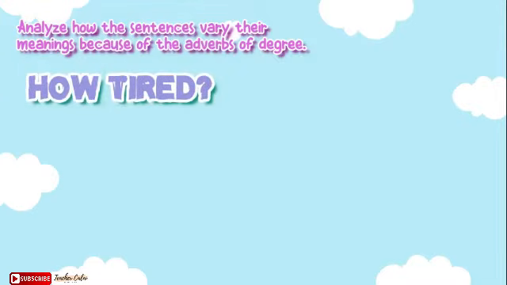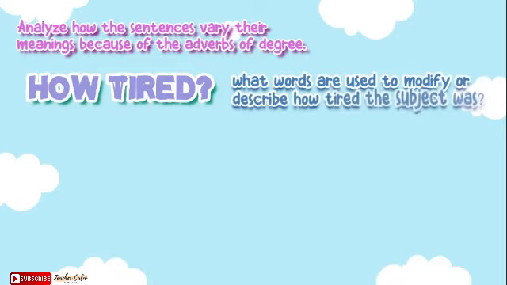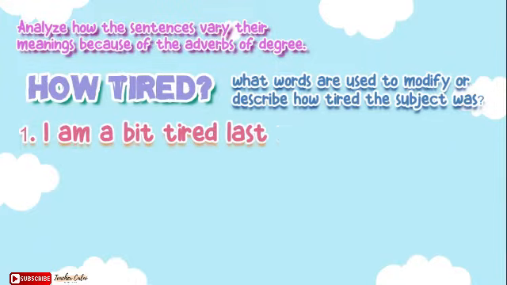Now, let us analyze how the sentences vary their meanings because of the adverbs of degree. The comparison of how tired the subject was vary in intensity. Analyze the illustration below. What words are used to modify or describe how tired the subject was? Let's have the first one. I am a bit tired last week.